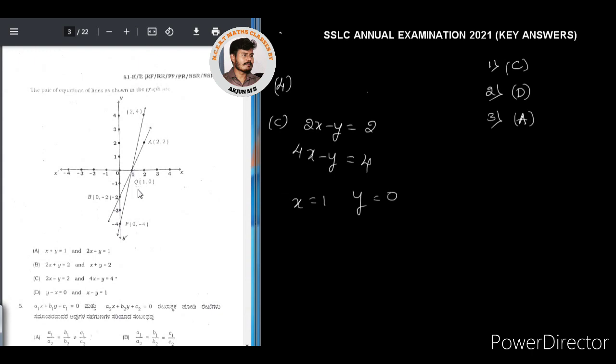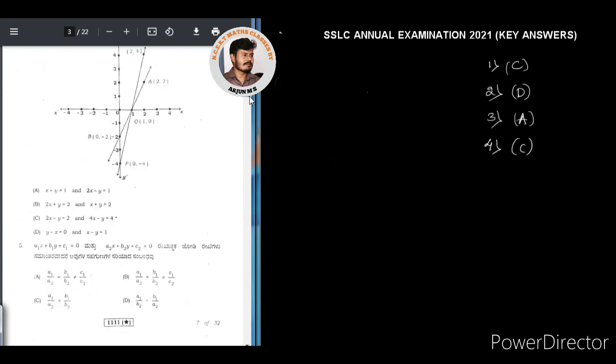It has only one solution, that solution should be 1 comma 0. You just solve each and every equation. If x is equal to 1 and y is equal to 0, then those two pairs of linear equations in two variables are the required answer for this question. That's why option C is correct for the fourth question. So now let's move to the next question, that is the fifth question.